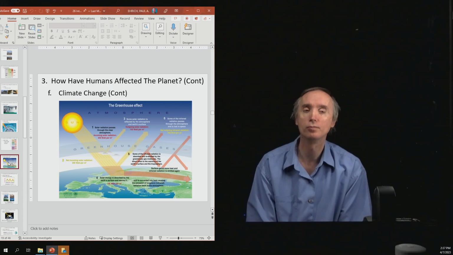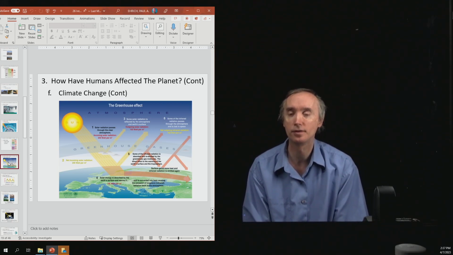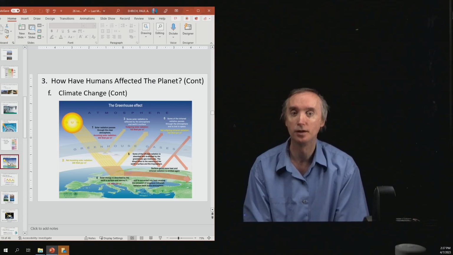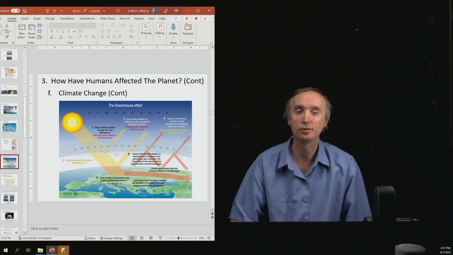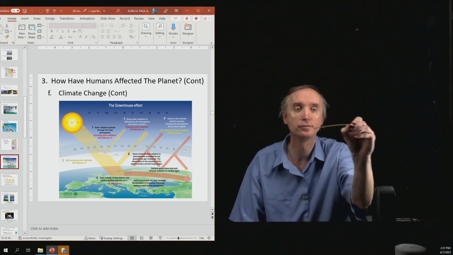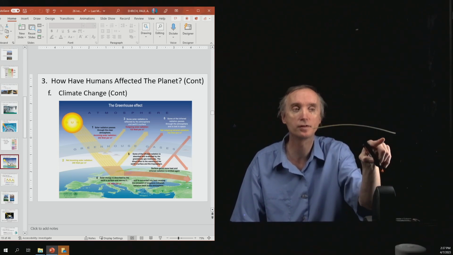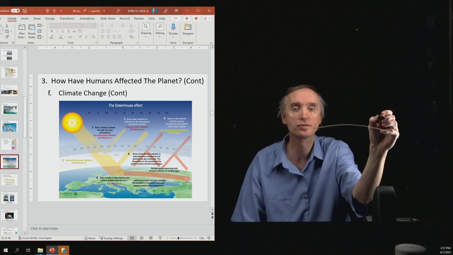So we're really concerned that the climate is getting warmer. One cause for warming up the planet is going to be greenhouse gases. So let's talk about the greenhouse effect. In the Earth's atmosphere, here's the surface of the Earth, here's the troposphere.